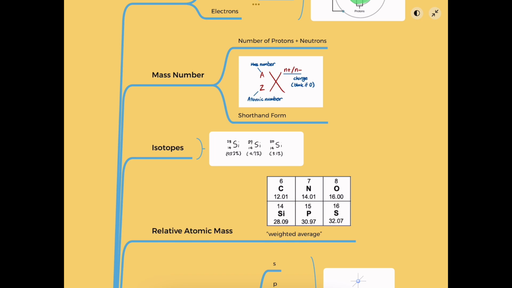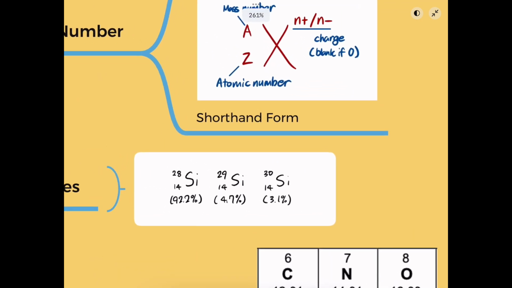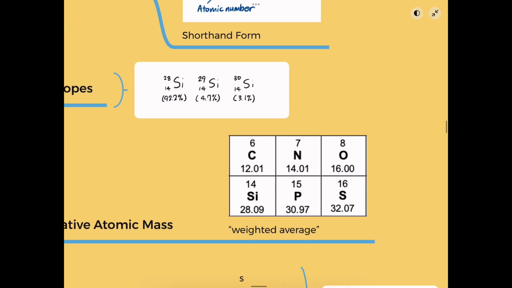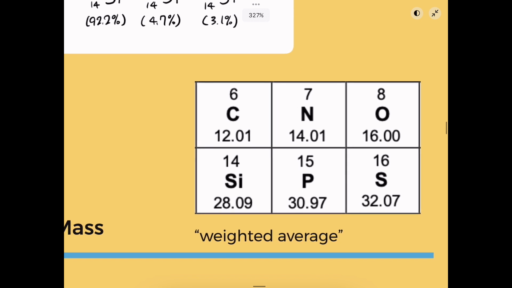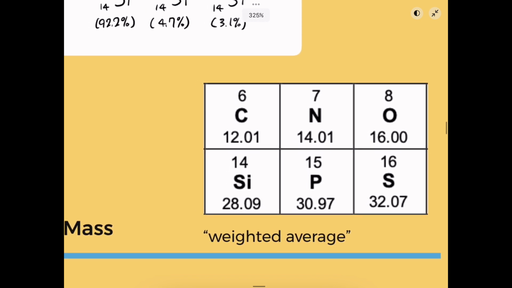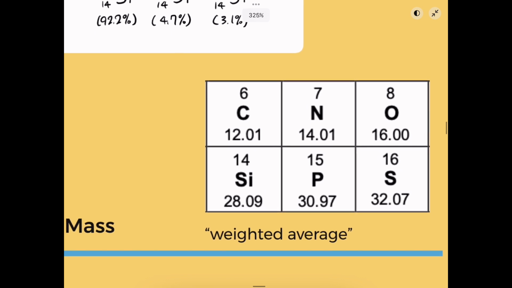So, for example, here we have 3 isotopes of silicon. So we add up 28 times 92.2%, 29 times 4.7%, and 30 times 3.1% to get a total of 28.09 down here, as you can see in this part of the periodic table.